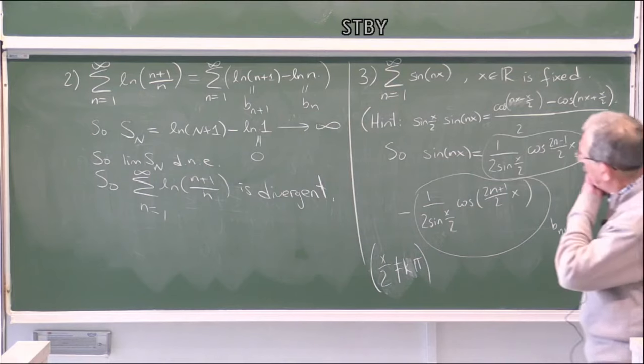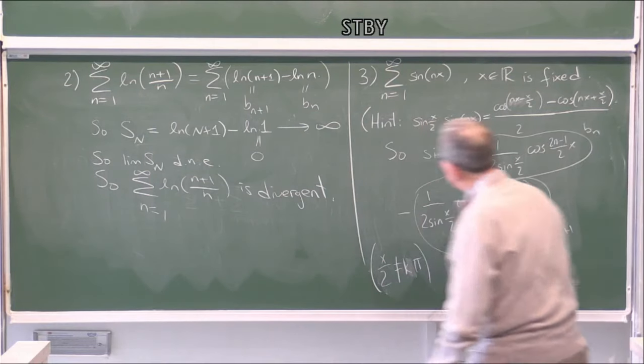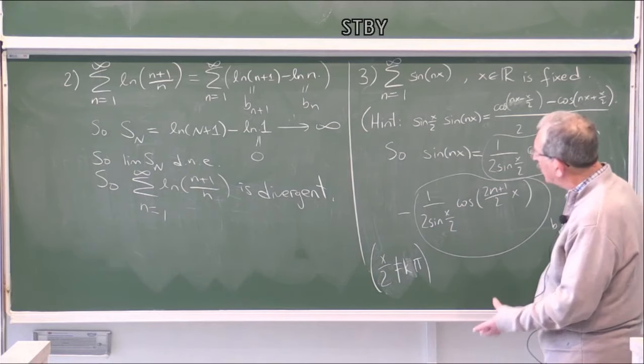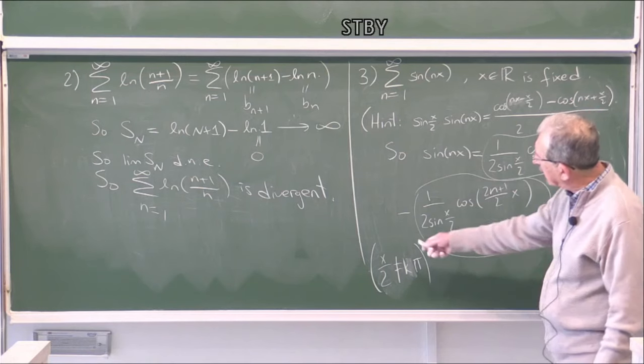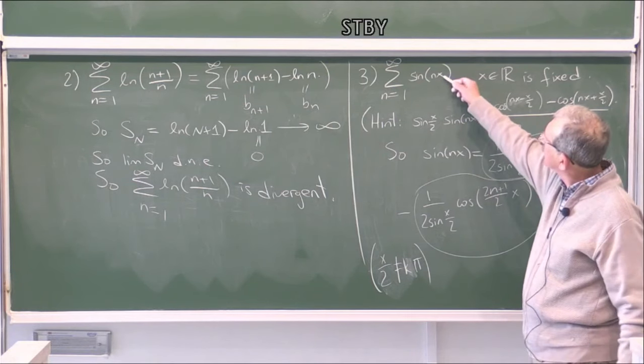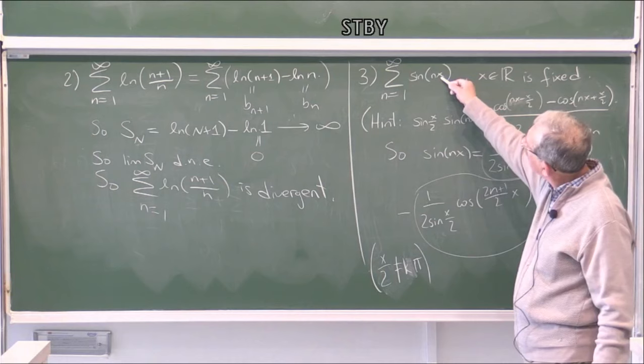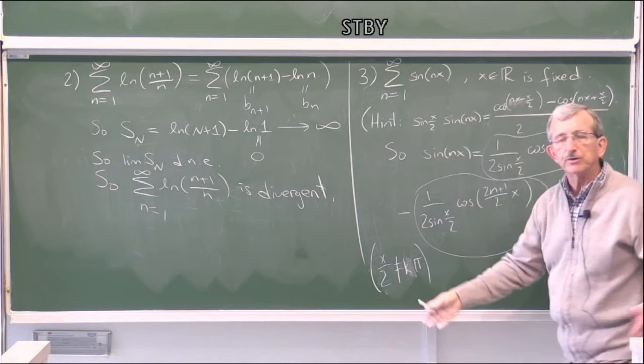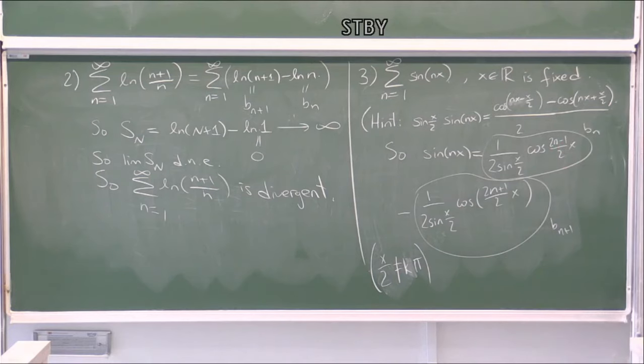That's correct. Because if this is true, then actually there is nothing to prove. That means x is 2k pi. If x is 2k pi, this sine becomes 0, and yeah, the series converges, no question.